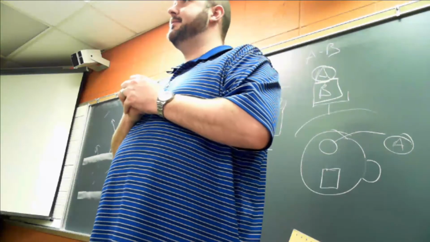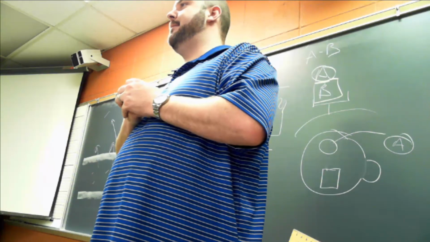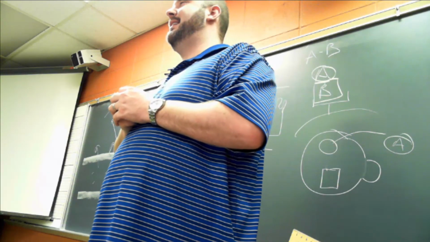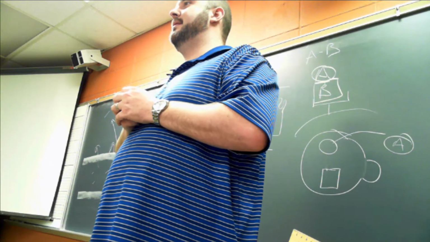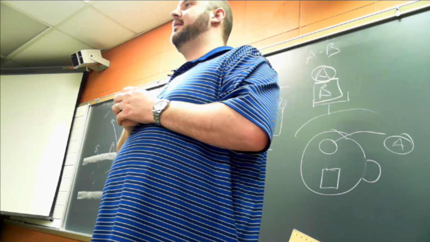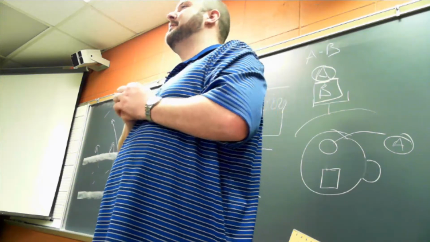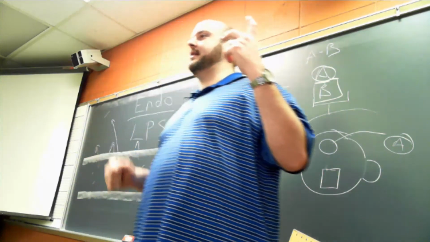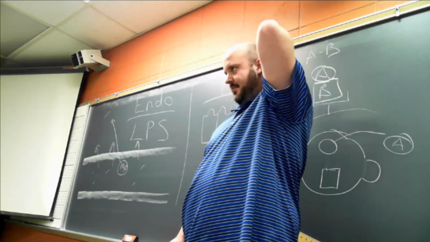I'm trying to think of it. Let's see if it comes to my head. Yeah, there's another one that's on the top of my head. My buddy studied it when he was doing his PhD. That's how I know it.